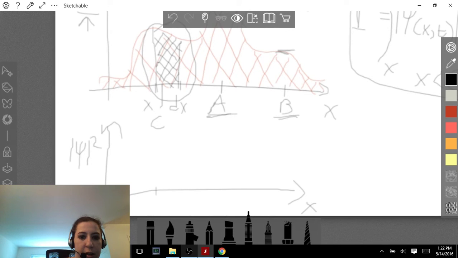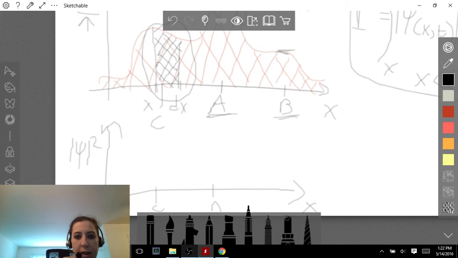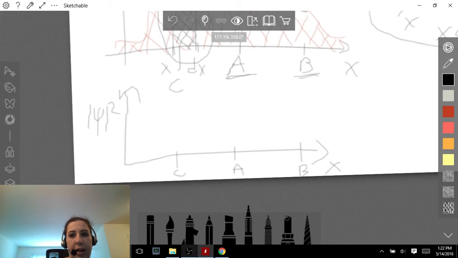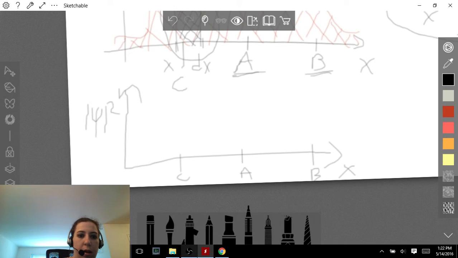So we have C, A, and B. Our x-axis is the same. And we can draw it more exactly than that. The probability is 0 everywhere except for C. And if we took the area under this curve, that area will equal 100%.